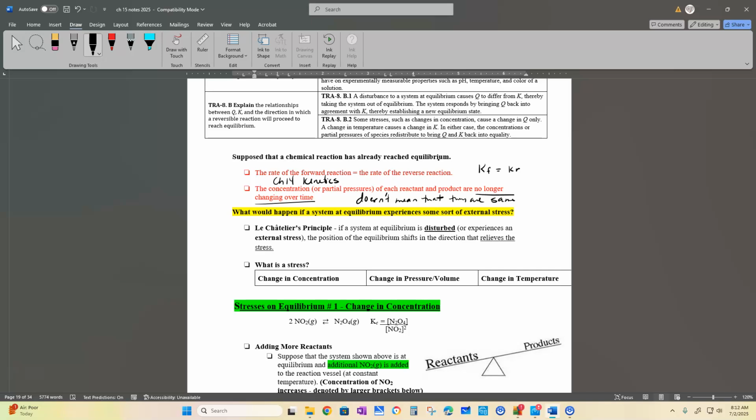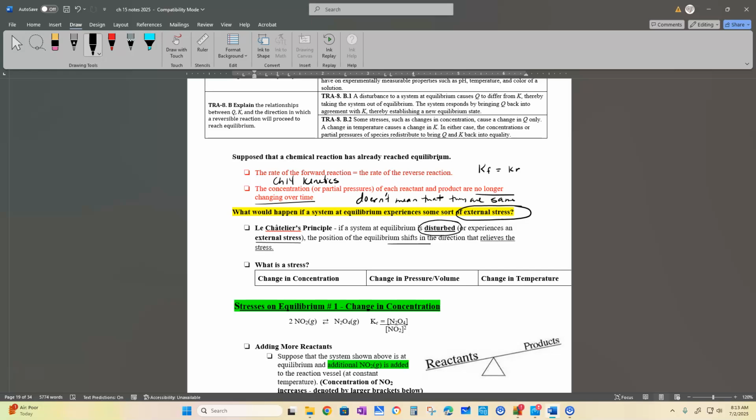So what would happen if a system that was at equilibrium experiences some sort of external stress? What the heck is this external stress? Le Chatelier came up with the principle. He said that if a system was at equilibrium but then got disturbed, aka experiences an external stress, the position of the equilibrium shifts to relieve that stress.